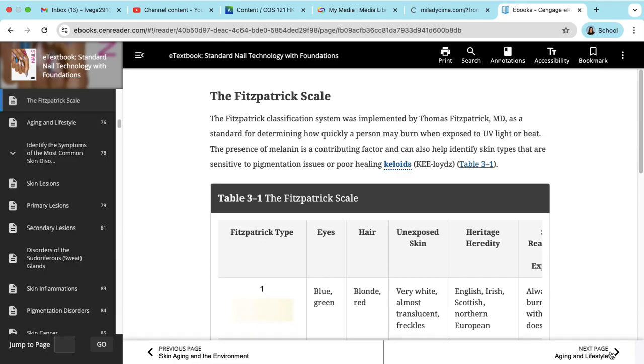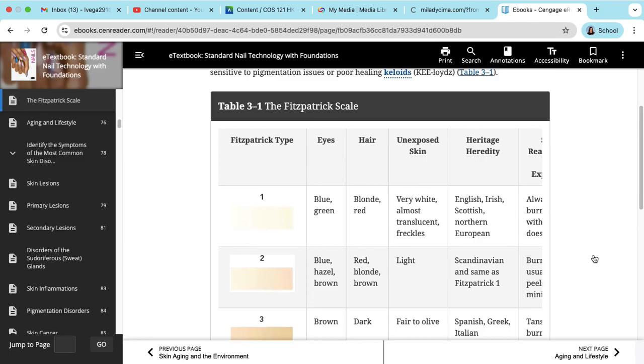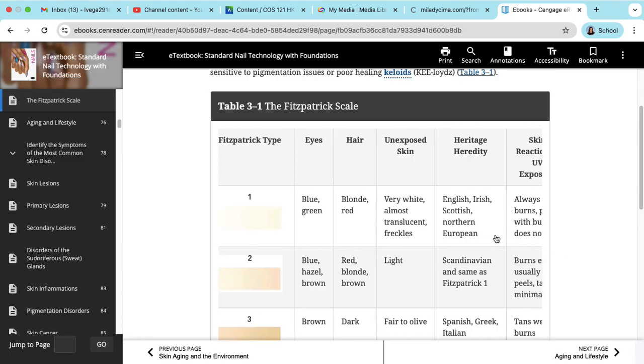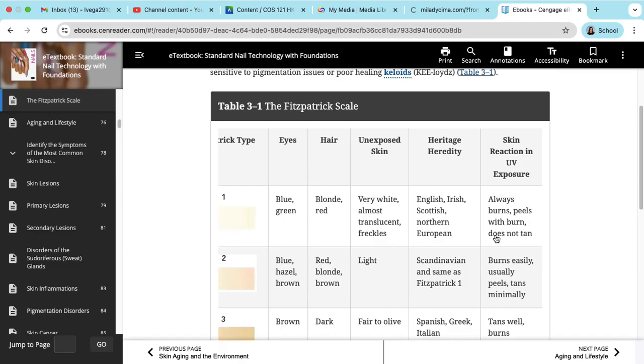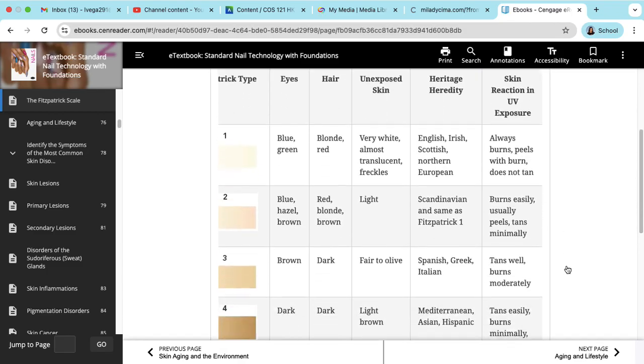The Fitzpatrick scale. This is a system to implement the standard for determining how quickly a person may burn when exposed to UV light. So here is, depending on your skin tone, how light your skin is, how burned you can get.